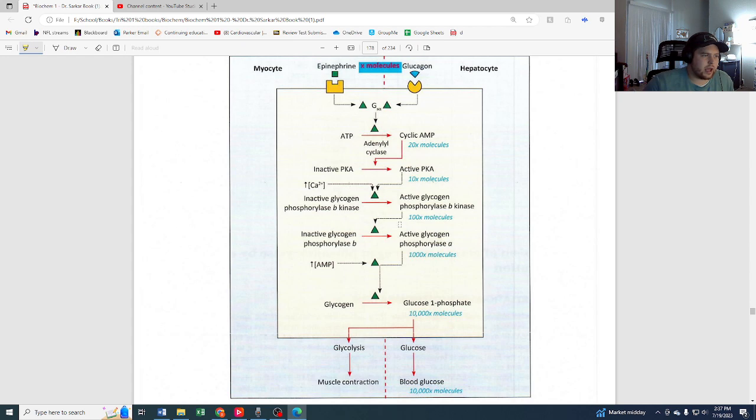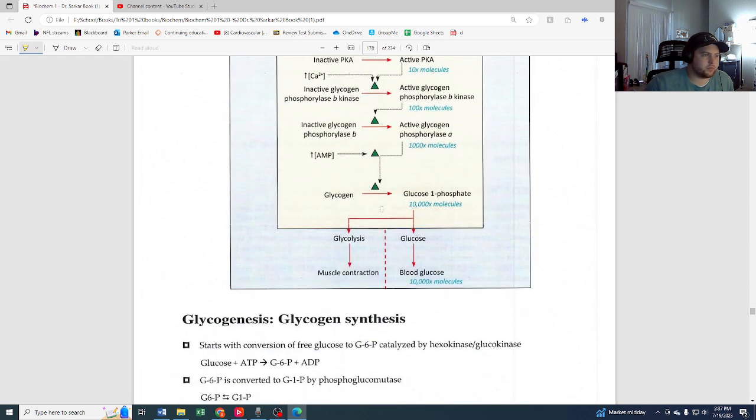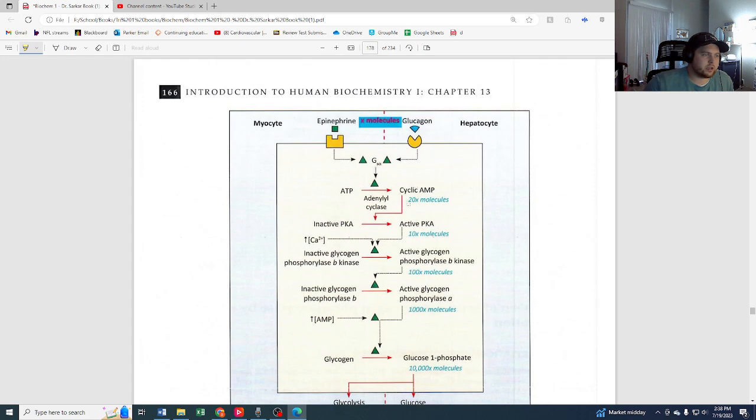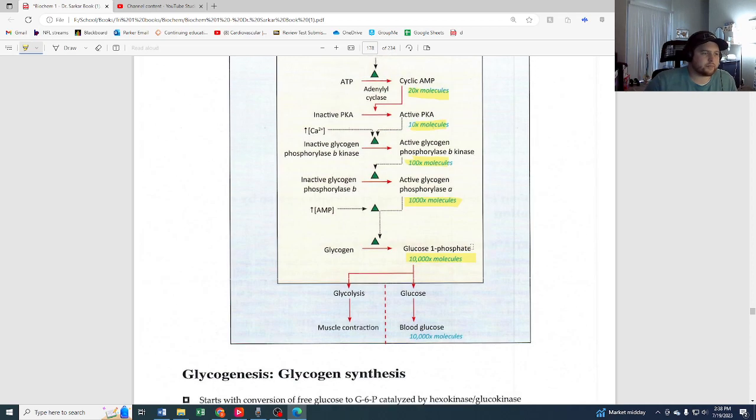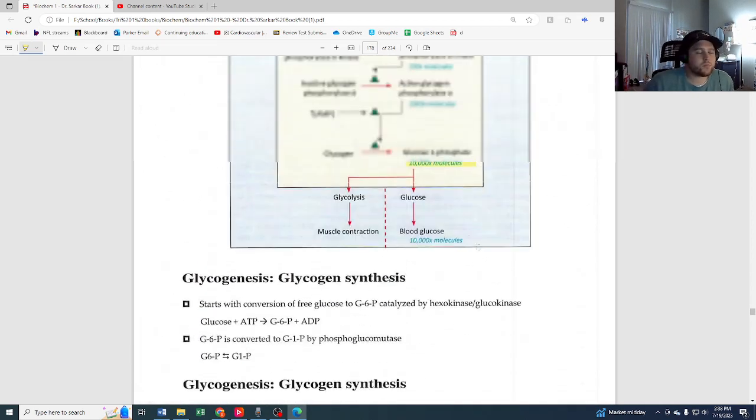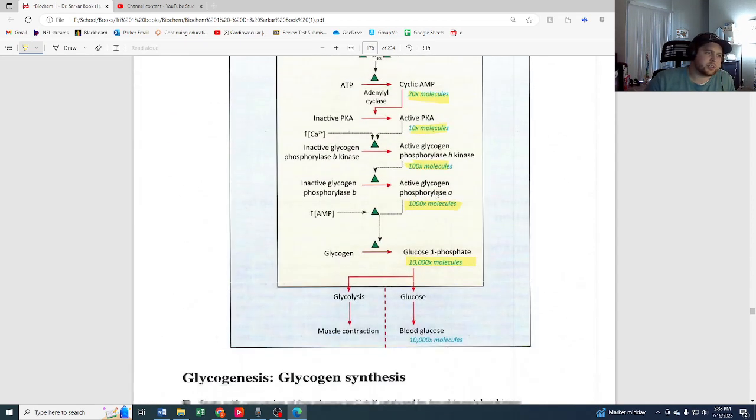We continue that activation all the way through in order to have the glycogen being broken down into glucose 1-phosphate. And see how it expands constantly, 20 molecules. It drops a little bit to 10, but then 100, and then 1,000, and then 10,000. So it cascades. We talked about that when we talked about cell signaling way back when.